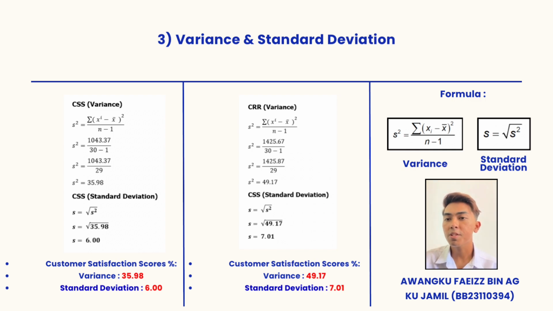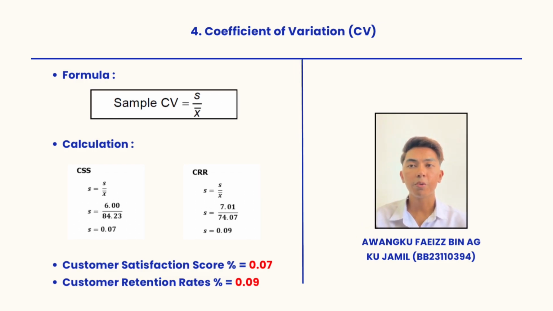So for the customer satisfaction score, the variance is 35.98 and the standard deviation is 6.00. And for the customer retention rate, the variance is 49.17 and the standard deviation is 7.01.